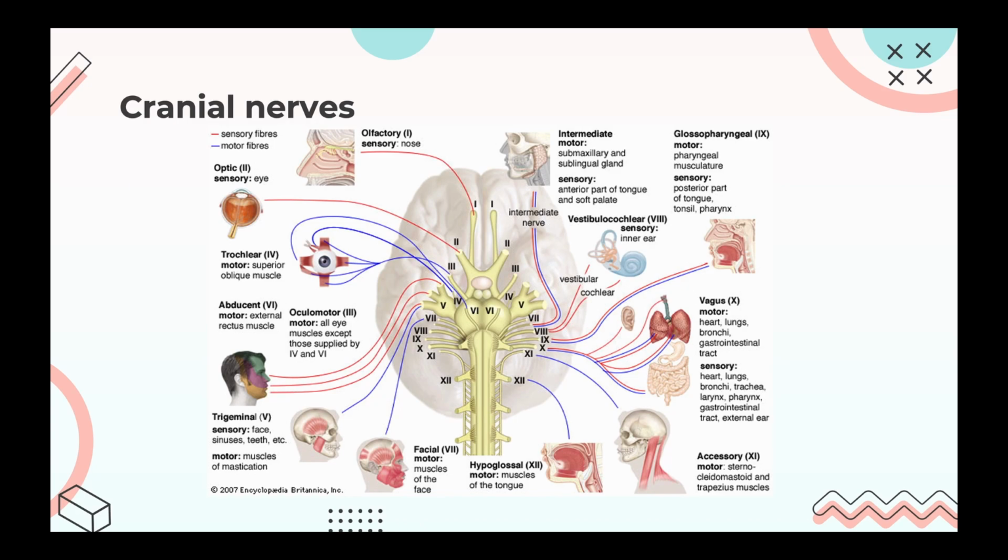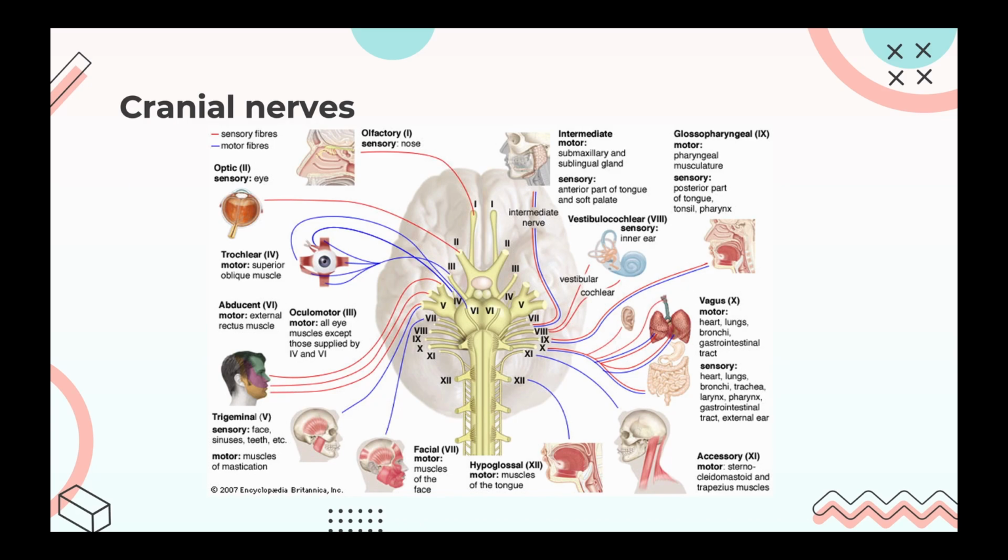And what it essentially means is that it controls some contractions of the back of the tongue, but also swallowing and all the muscles that have to do with that. And it also supplies sensory inputs to the posterior part of the tongue, which means the back part of the tongue. And actually, when you put your finger here, that's when you get your gag reflex.